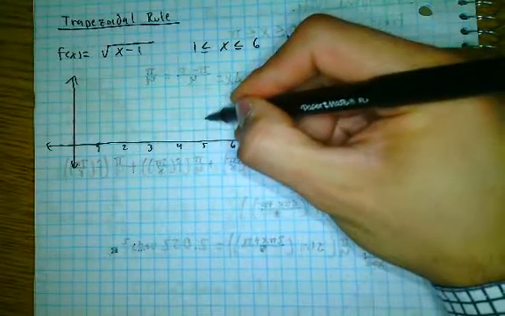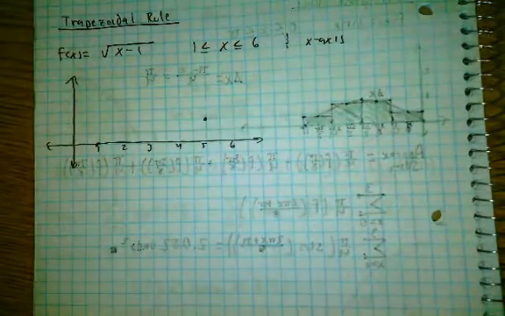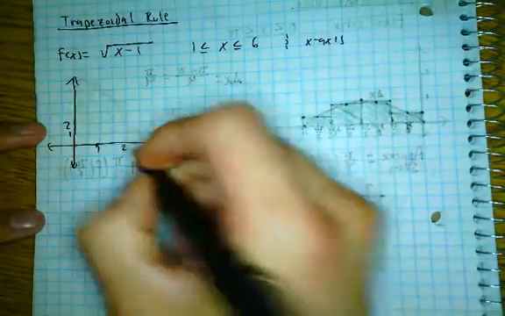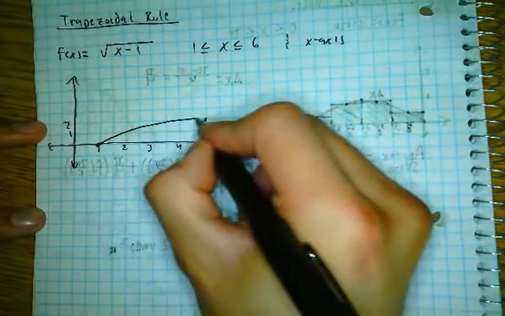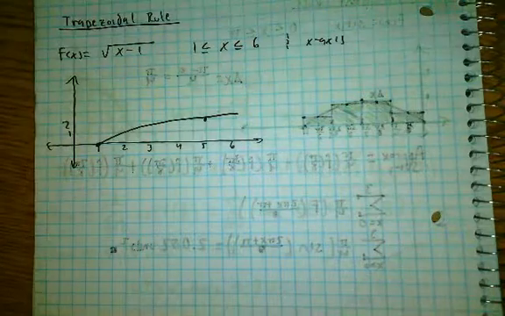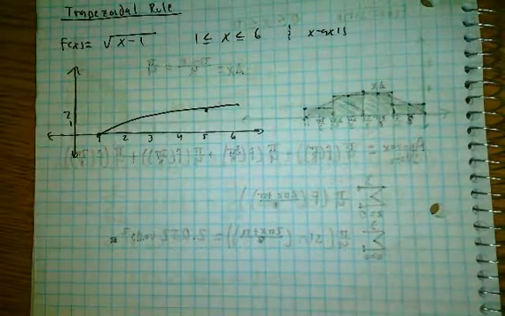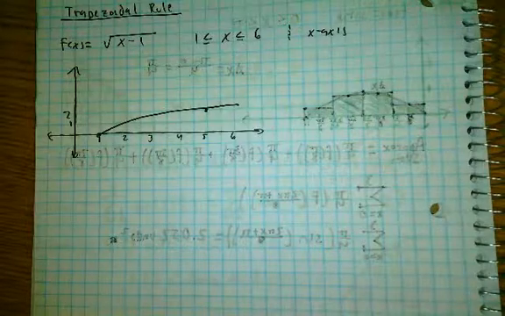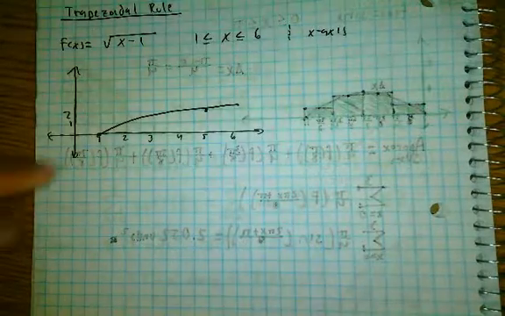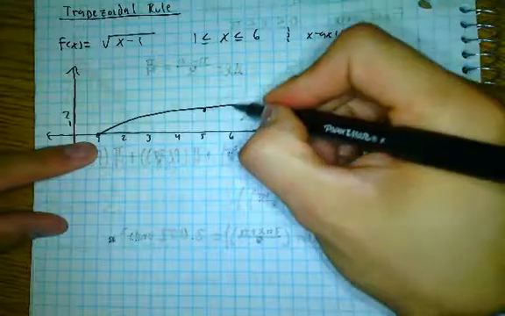Alright, so then, if I want to find the area between 1 and 6, I'm looking for an approximation of that area. Agreed? Okay.